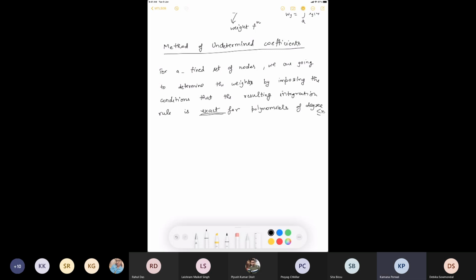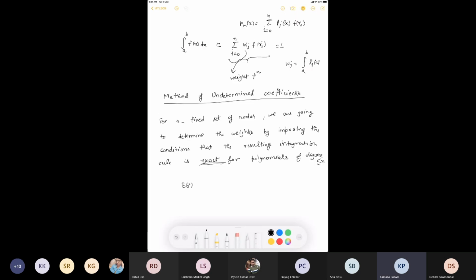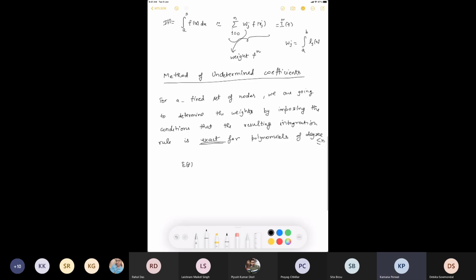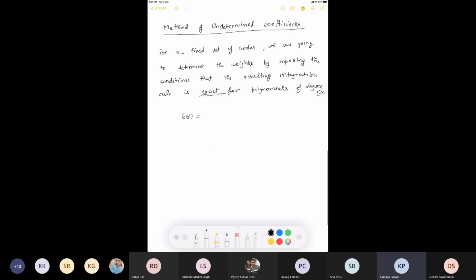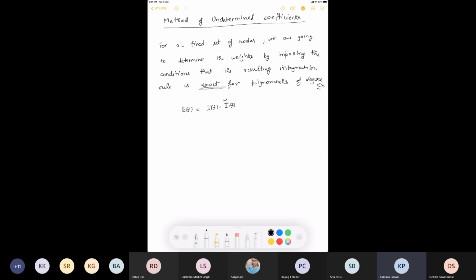So if we call this rule I tilde of f, exactness means that if I compute the error between the integration rule which we have got and the exact value of the integral of f over the same interval, then this is going to be 0 whenever f is a polynomial of degree less than or equal to n.